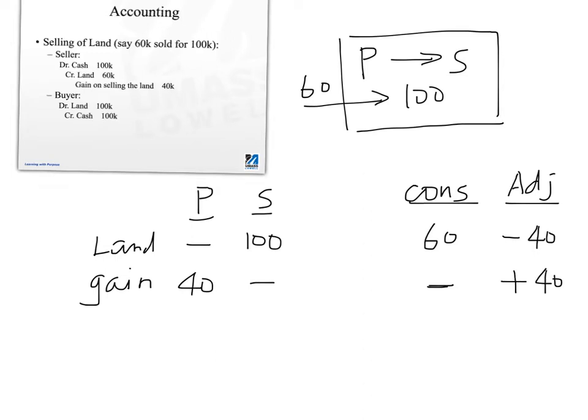So we debit 40 of the gain and credit 40 to the land. Now, this is called TL, transfer of land. TL means transfer of land. So this is the first year, right? The first year, we need to do this adjustment.